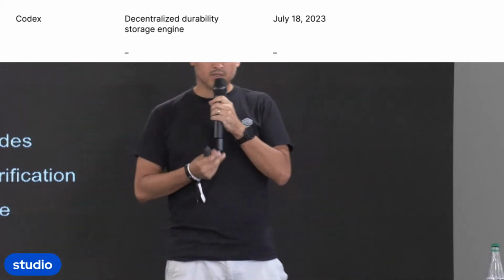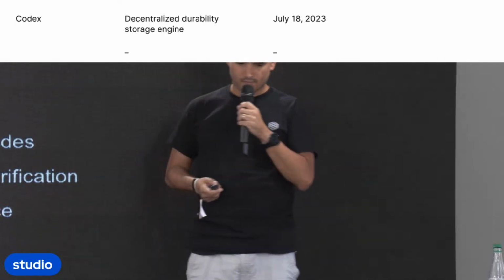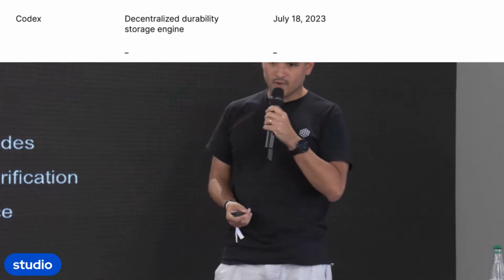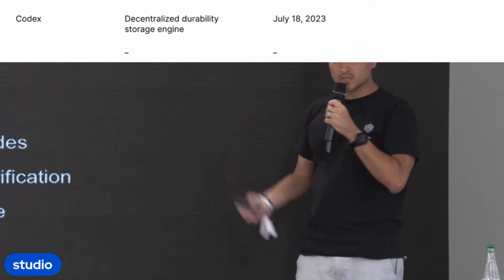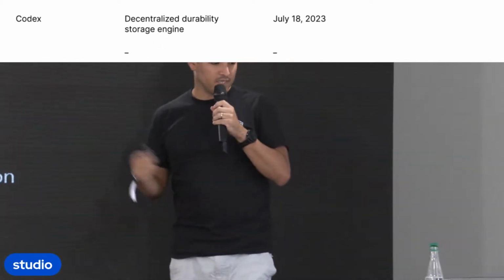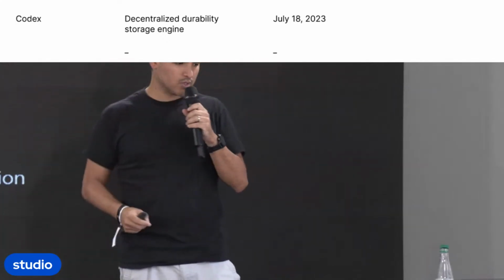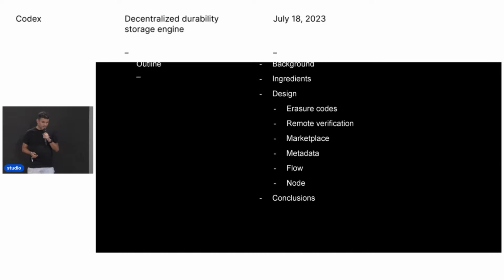And then I'm going to talk about the design that we are trying to implement right now in Codex. That involves several components, like erasure codes, remote verification, marketplace, metadata, and a little bit of the description of how the node works and the flow works in Codex. And finally, I will conclude.